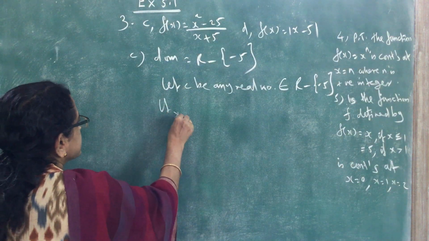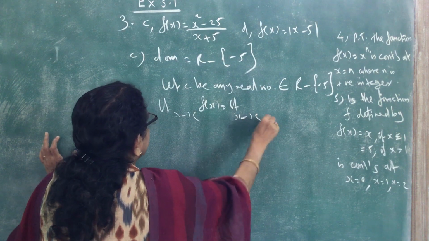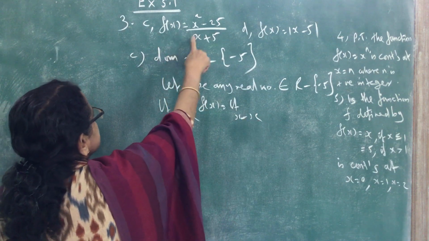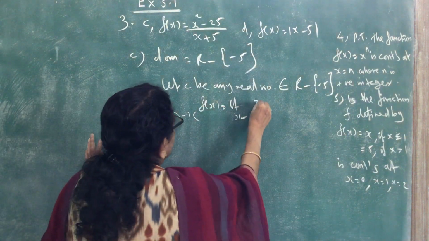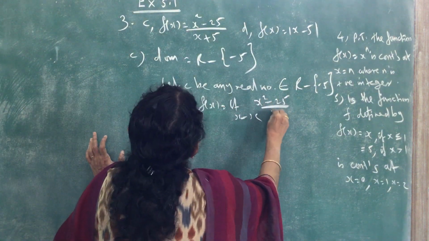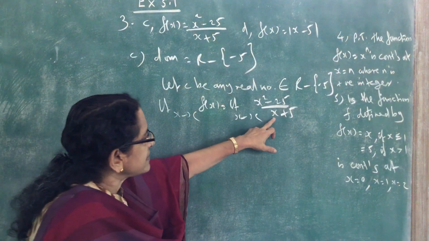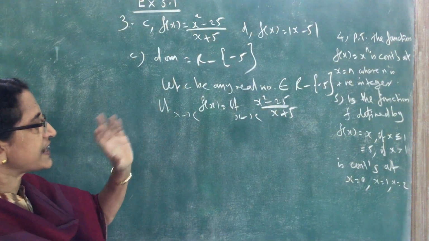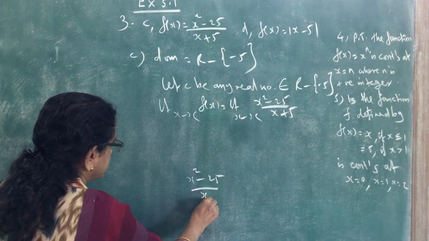For that, limit x tends to c, f of x equal to limit x tends to c, what is f of x? f of x is this much. Before that we can simplify the function x square minus 25 by x plus 5.